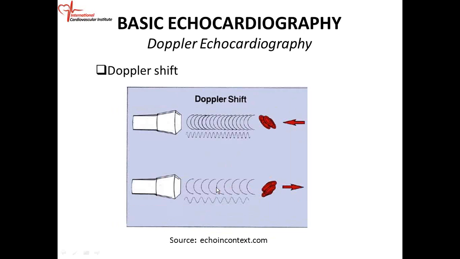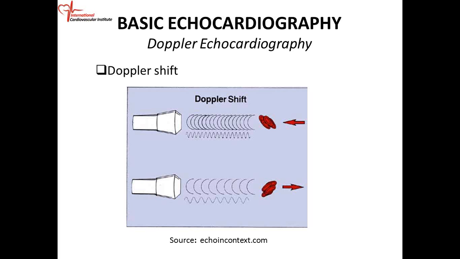When it's moving away from the transducer, the frequency decreases. You see that? The frequency decreases. The bunching up is less, but the wavelength increases, because the product of frequency times wavelength is constant for any medium. So that's one way of showing that the frequency increases in the top scenario, and in the bottom scenario, the frequency decreases.